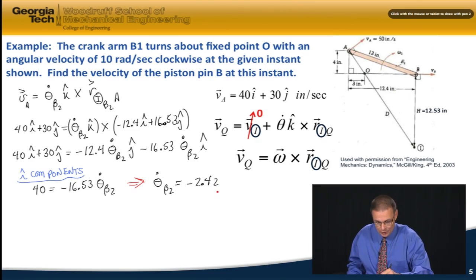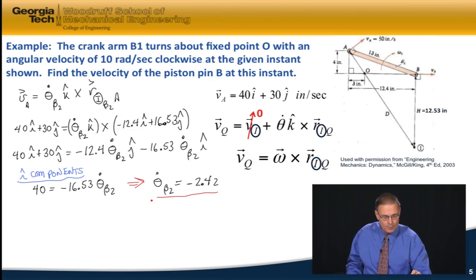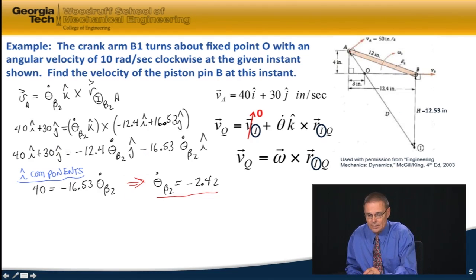So we should get the same result. If we don't, we know we've done something wrong. It's interesting to note that if you match J components, you'll get the same result for theta dot B2, which you should.